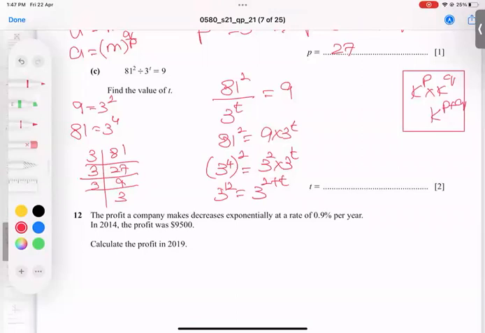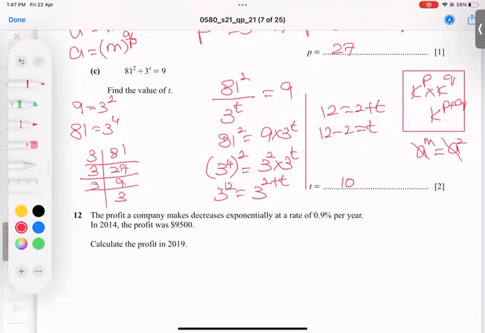If I have the same bases, for example, a to power m and a to power 2, this a cancels out and m is equal to 2. Similarly, these two are equal to each other. I can say simply here that 12 equals 2 plus t, and 12 minus 2 equals t. Alhamdulillahi Rabbil Alameen. You got this answer. Let me recheck.